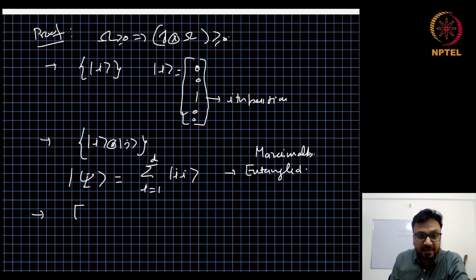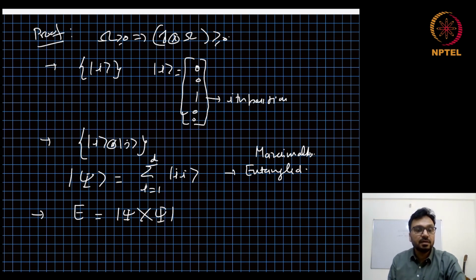So from here we can define an operator E, which is psi outer product psi. Since E is psi outer product psi, E is a positive operator.